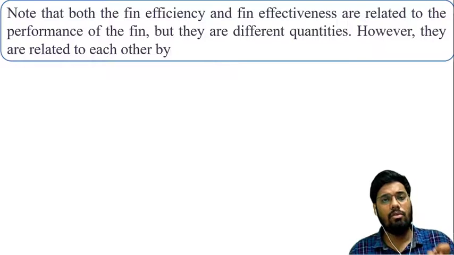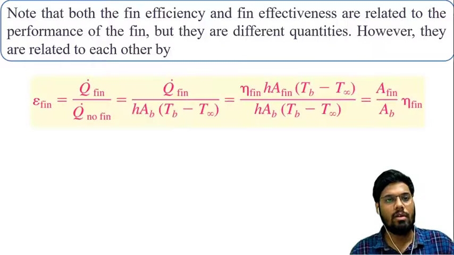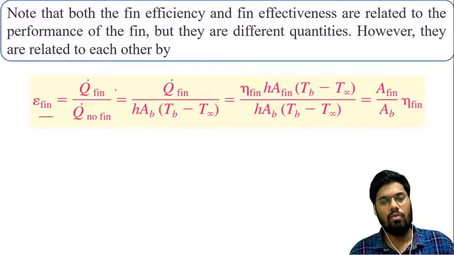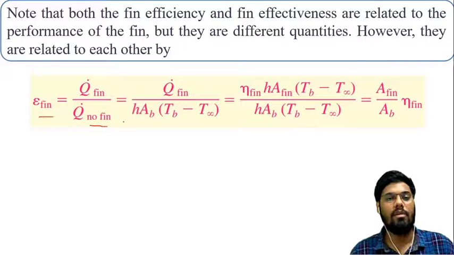Now effectiveness and efficiency are interrelated. How? We know that the effectiveness is the ratio of Q actual, the heat transfer rate with fin, and the heat transfer rate without fin.